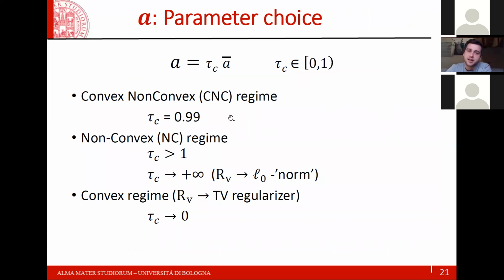Of course, if we take tau c equal to 0.99, we are sure that we are in the overall convex regime, however, maximizing the non-convexity of the penalty term. If we go with tau c over 1, we switch to a purely non-convex regime, and for tau c that goes towards 0, we arrive at a TV regularizer.